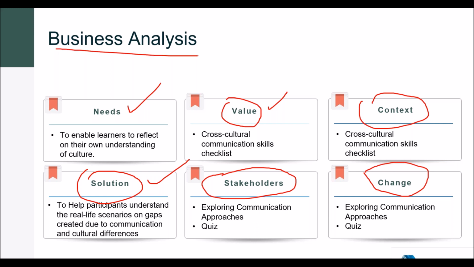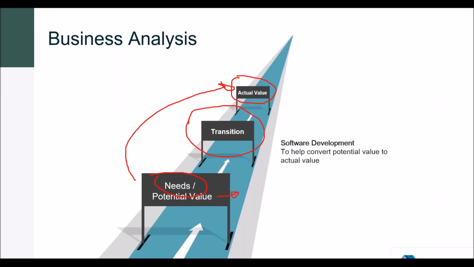So if the objective of a solution was to improve the customer turnaround time, how fast you respond to a customer, from 10 hours to 8 hours, for example, or 6 hours, that's a potential value. But if you're really able to achieve it, that's actual value. Or whatever you achieve, whether it's 6 hours or 9 hours, that's the actual value.